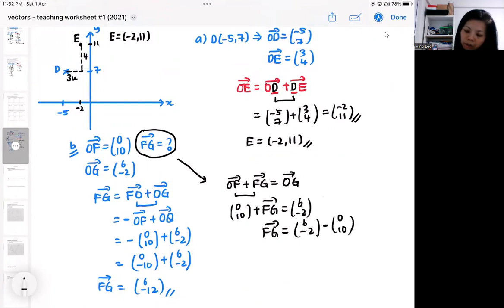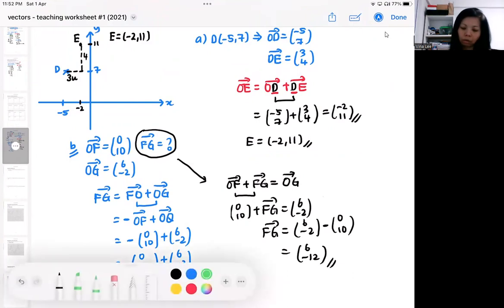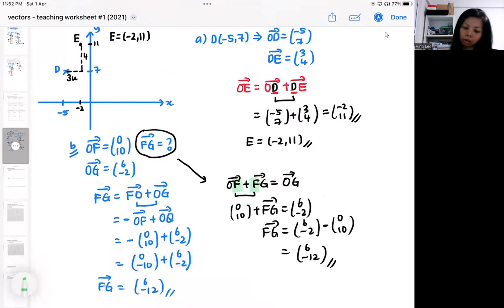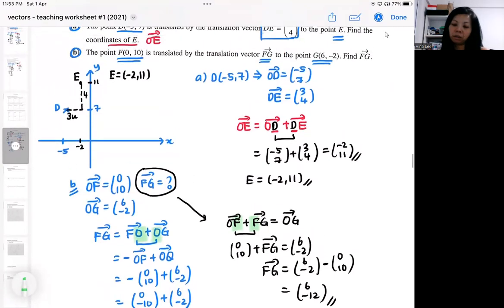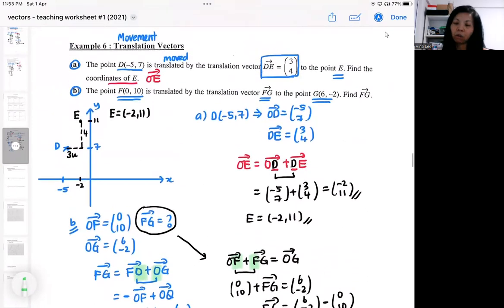Okay, so it's your choice. Whatever it is, I'm still going for the addition, the fill in the blank idea. You can fill in the blank in this way, or in this way. It doesn't matter. If you have no careless mistake, whichever way you do it, you will get the correct answer. So that is what we call a translation vector. It's a movement vector that tells you how to move from a point to another point.